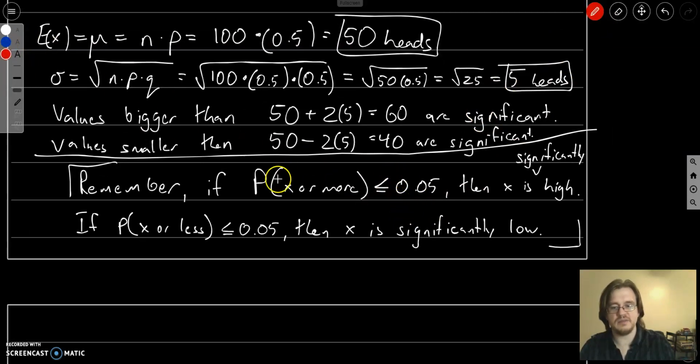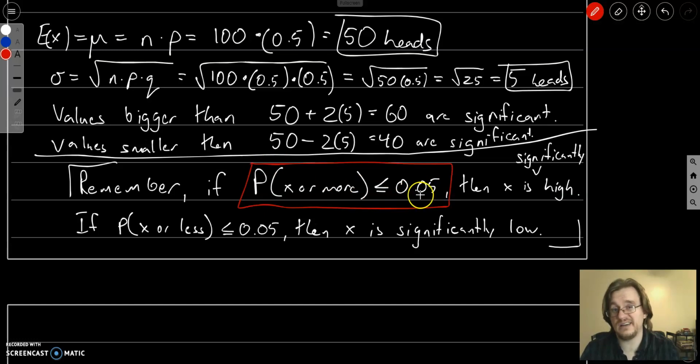So anytime that the probability of an event happening is less than 5%, less than 0.05, then we consider that unusual. So if the probability that we get X or more successes is less than 5%, that is a significantly high value, as in this event, if this were to occur, would be unusual.